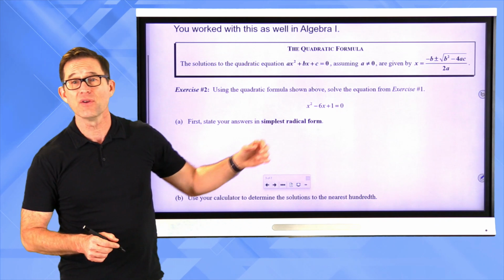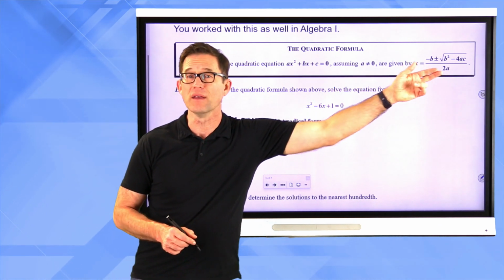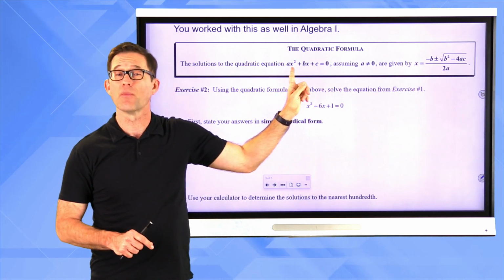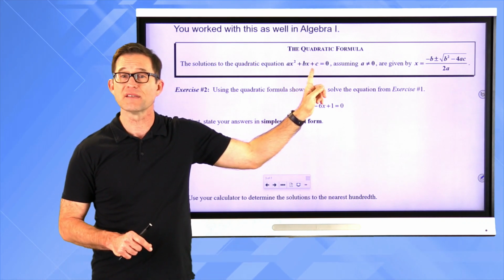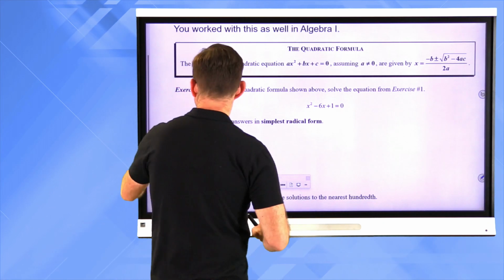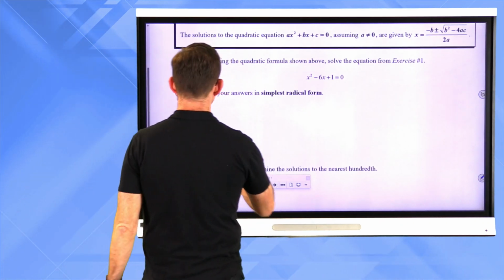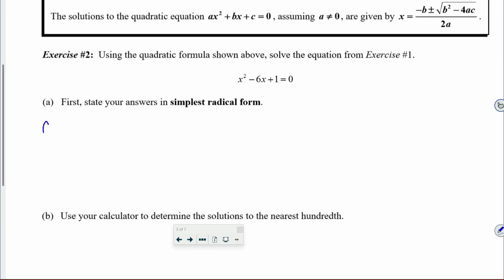Now, the first thing we have to do is identify the values of a, b, and c. A is the coefficient multiplying x squared, b is the coefficient multiplying x, and c is the constant added on. So, first thing I always do in any quadratic formula problem is identify a, b, and c. A is equal to 1, b is equal to negative 6, and c is equal to positive 1 as well.